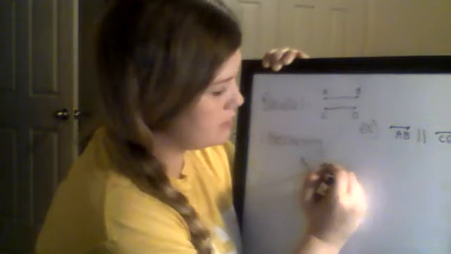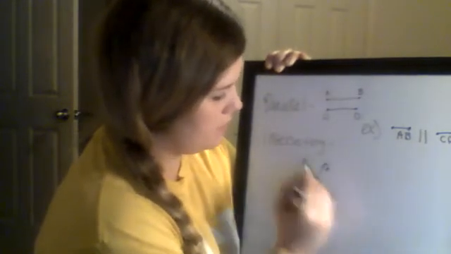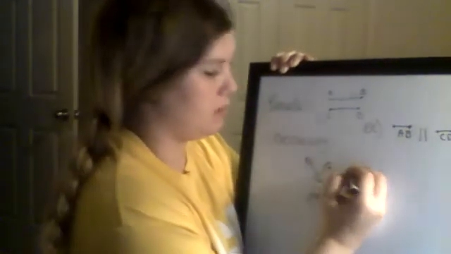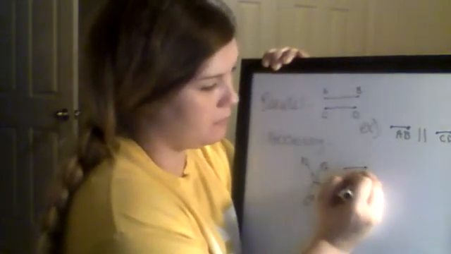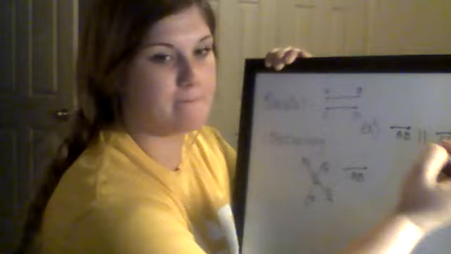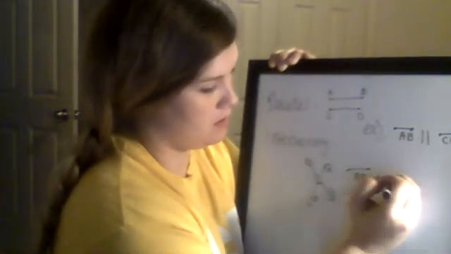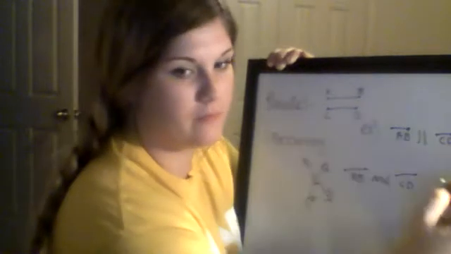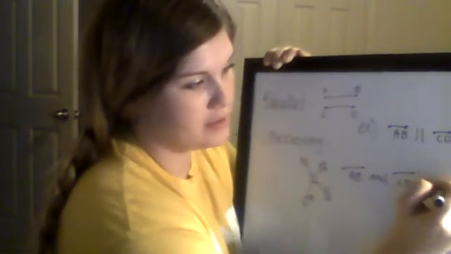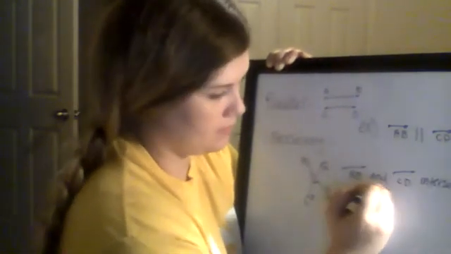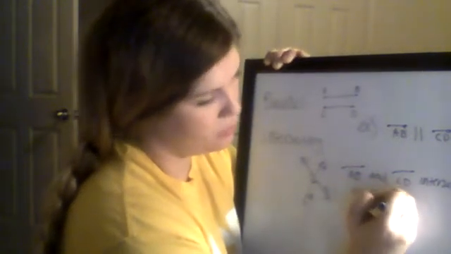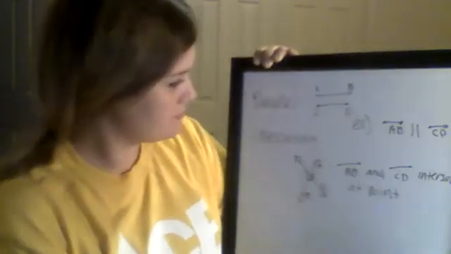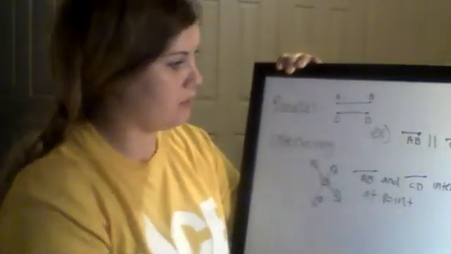How you could write it is if this was AB and CD, line AB and line CD intersect at point, we can call that E, like that. Okay, so that's how you would write those.